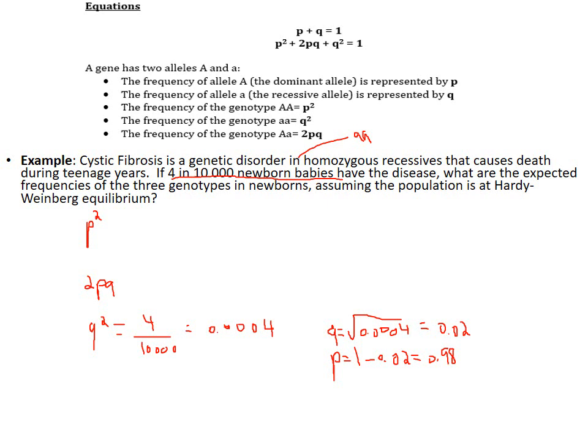So now we can plug our numbers in and find the rest of the frequencies. We can simply do our p squared, which is 0.98 squared, and that gives us the frequency of the homozygous dominant individuals, assuming Hardy-Weinberg equilibrium. So 0.98 squared, and you get 0.9604.